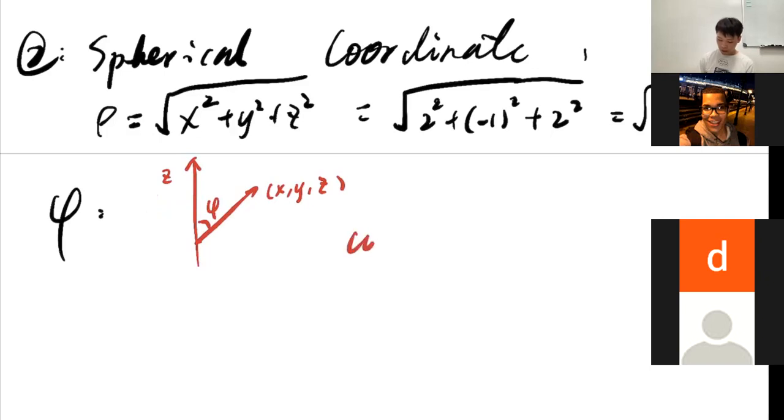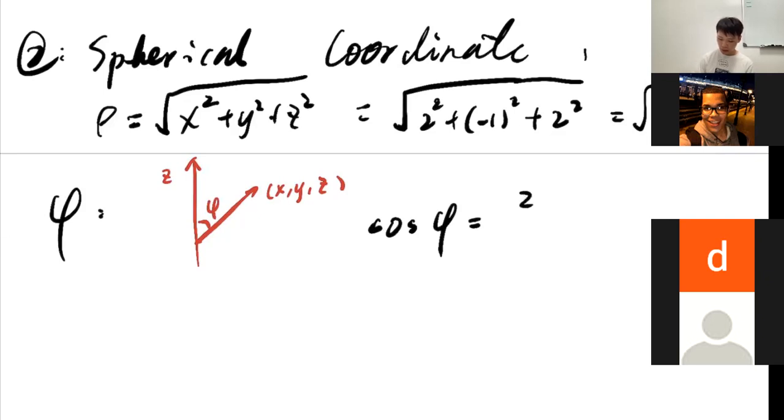So now we can use the formula about the property of the dot product.